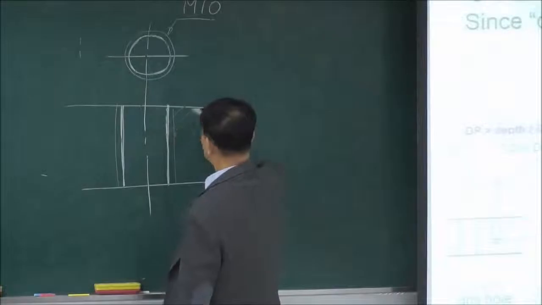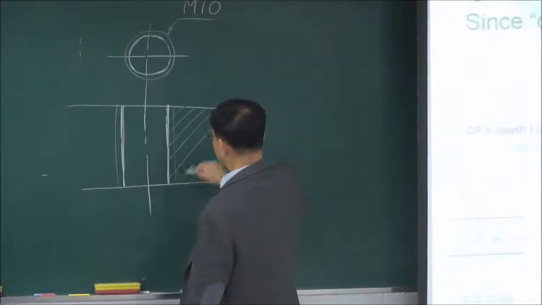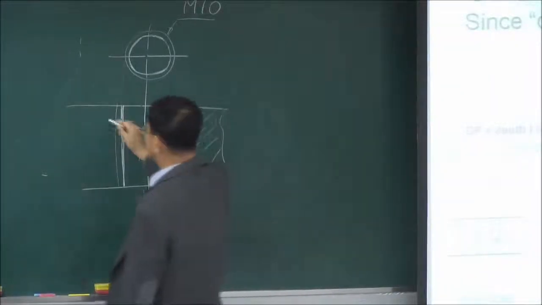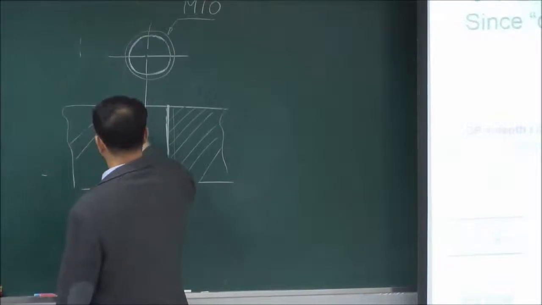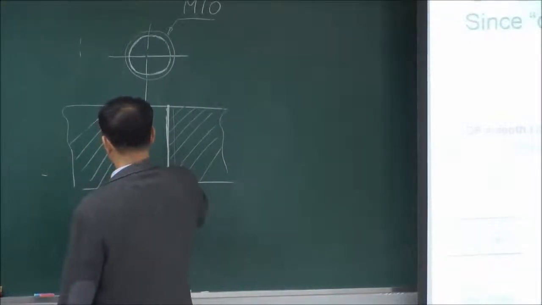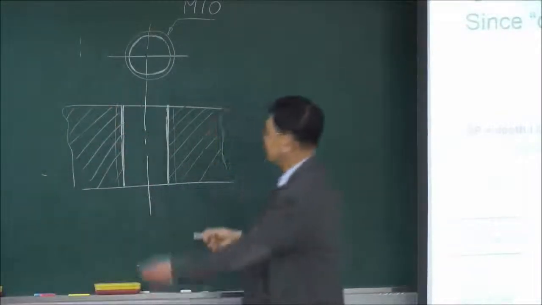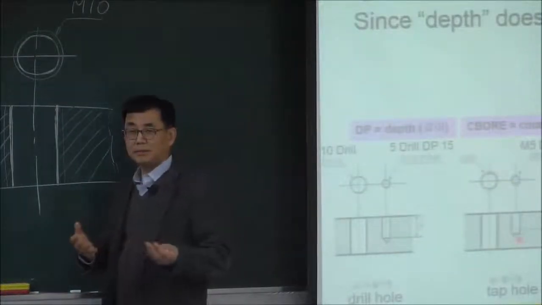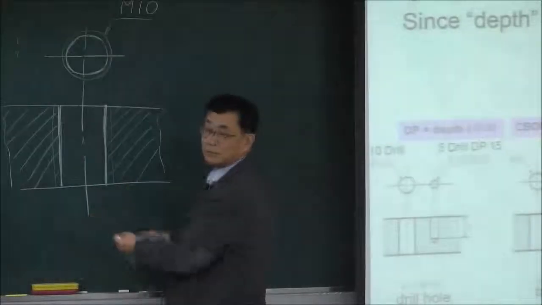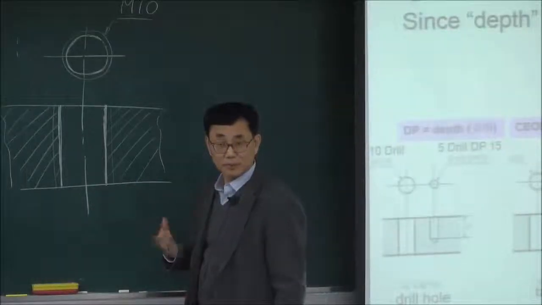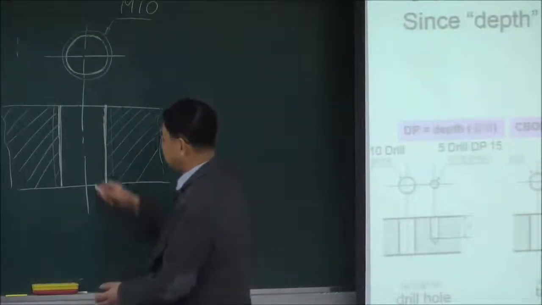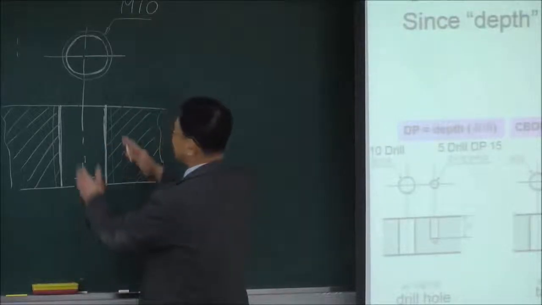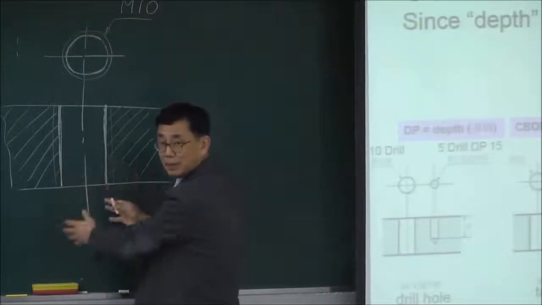And it has a hatching line, which means that it is a section view. I will explain section views in later lectures. But anyway, since you are freshmen, if you see this drawing, you may be confused. This is actually a thread, tap holes.